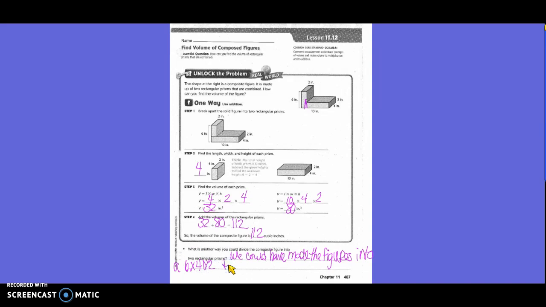And then this, since we would have broken it apart right here, that wouldn't have been 10 anymore. What would this little piece right here have been? 2. So then this right here would be 8. So 8 by 4 by 2.